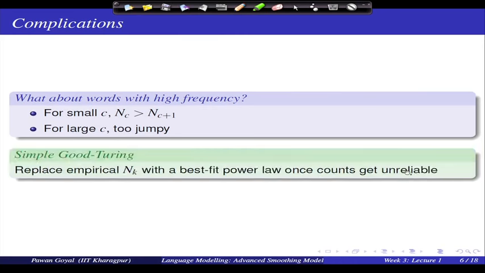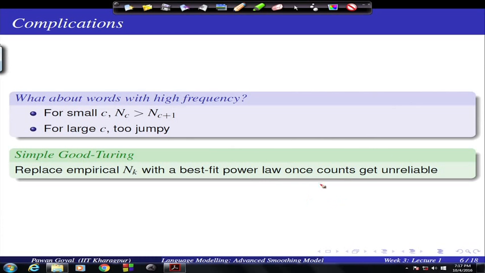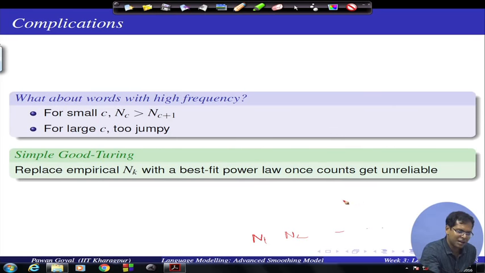So what do we do in general? When we go to higher and higher frequencies, for larger c, we can replace it with some sort of best fit power law, and we will do some normalization. So instead of doing it for each individual c, I might actually just fit. I have N_1, N_2, and so on, and when I go to the higher values, I simply fit some sort of power law, so that it is normalized and I obtain the same probability mass, that is 1.